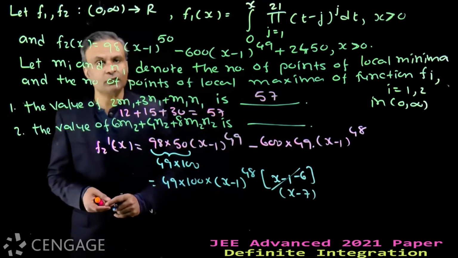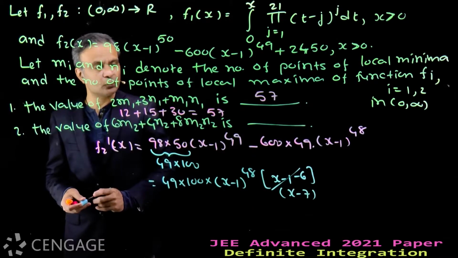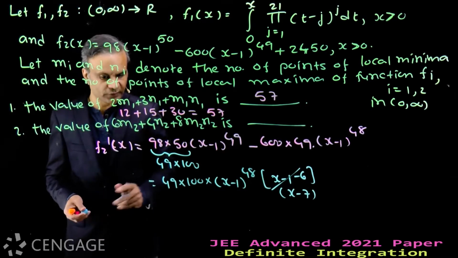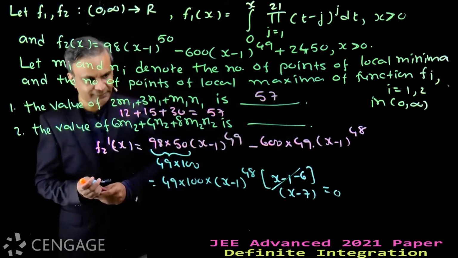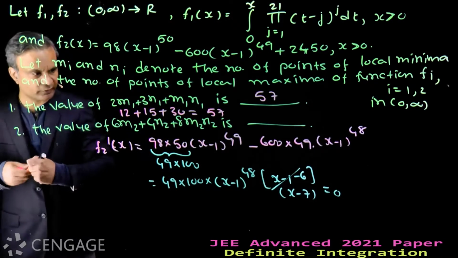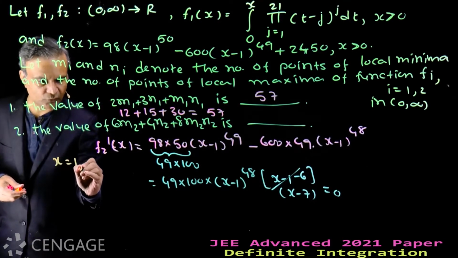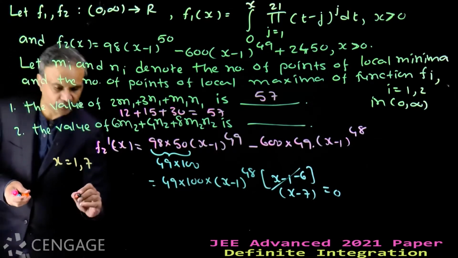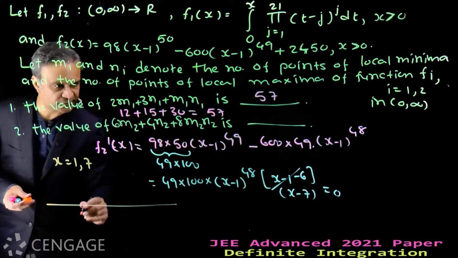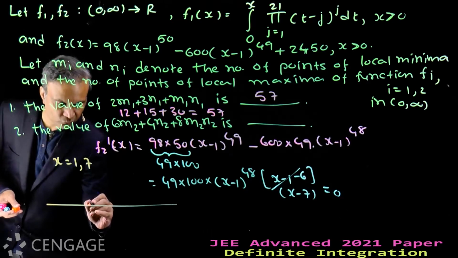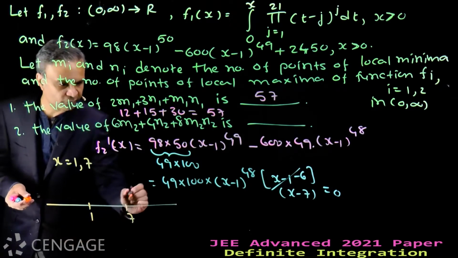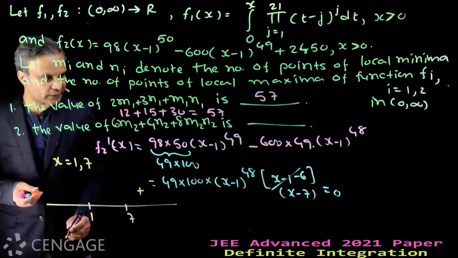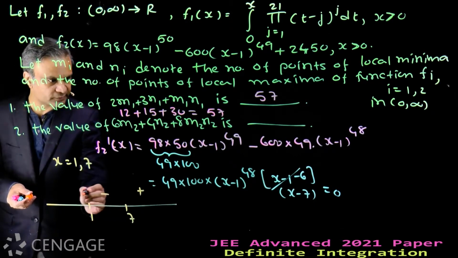Okay, now for points of local maxima and local minima, we compare this derivative to 0. We find x is equal to, we will have two values of x, 1 and 7. Okay, now we put the sign scheme of the derivative of f2(x). Critical points are 1 and 7. Here we will have sign plus, then minus, then minus.